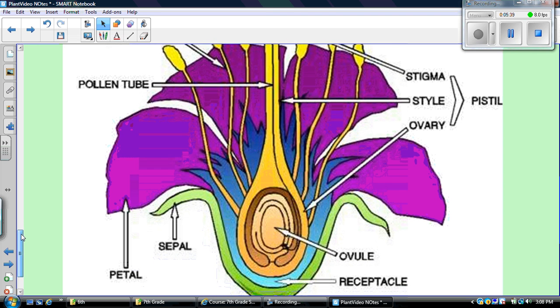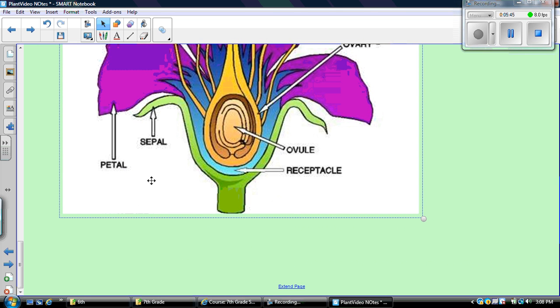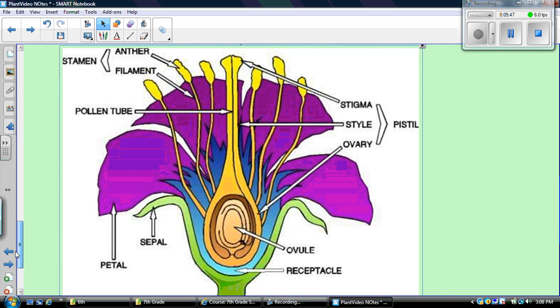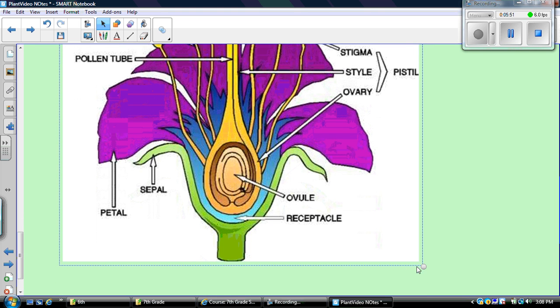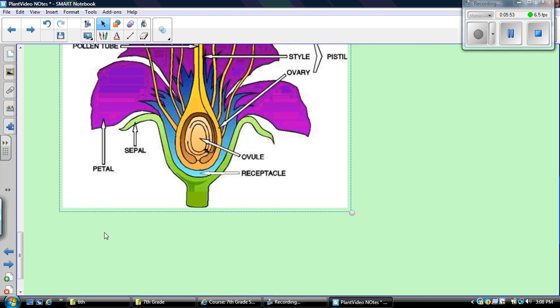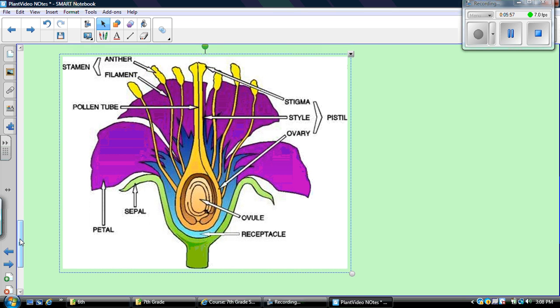So you are going to want to draw this picture. I'll make it just a little bit smaller so you can see it on full screen. You're going to want to draw this picture because we're actually going to do a lab where you dissect a flower, an angiosperm, and you're going to be able to see most of the reproductive parts of a plant.